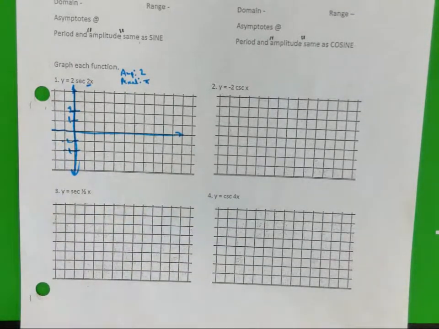How do I find out what my x coordinates are? I take my period and divide it by 4. By the way, I'm not going to ask you the domain and range on these graphs because it gets very complicated. I will only ask you domain and range on sine and cosine, because those are the most important too.